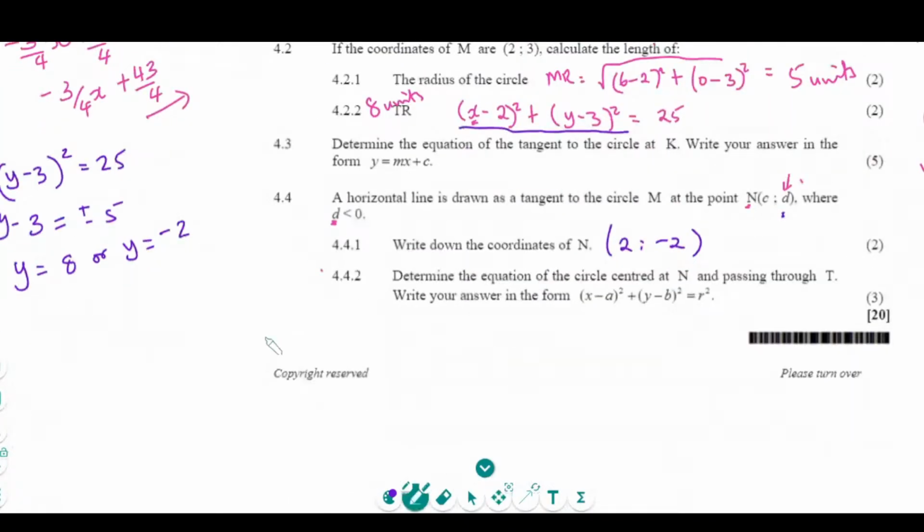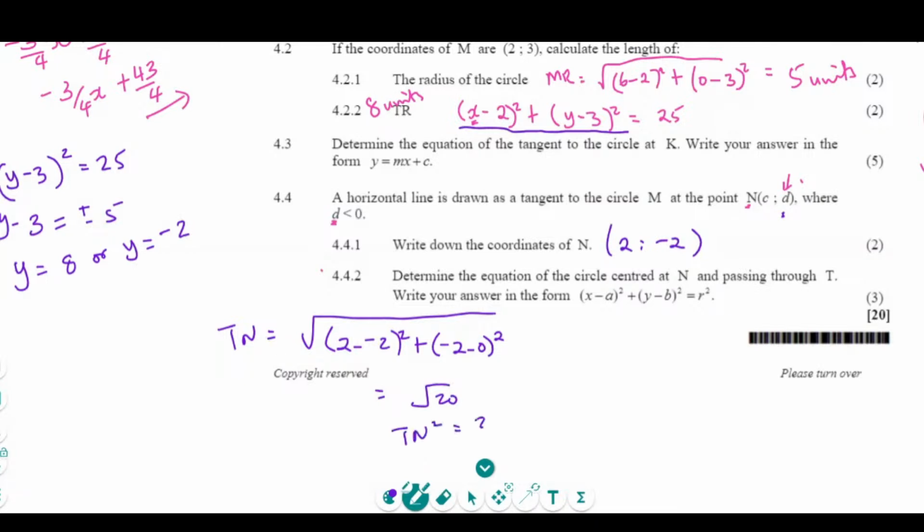So we can get the TN by saying it is the square root of (x1 minus x2) squared plus (y1 minus y2) squared. So that's going to be (2 minus minus 2) squared plus (minus 2 minus 0) squared. This gives me 16 plus 4, which is the root of 20. But since it's the radius, my TN squared is just 20.